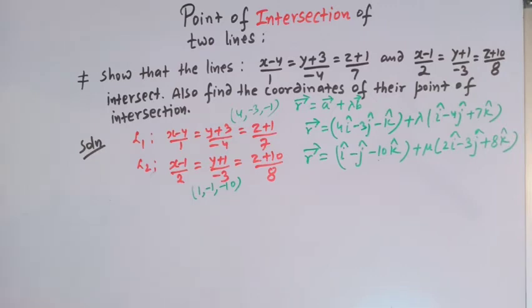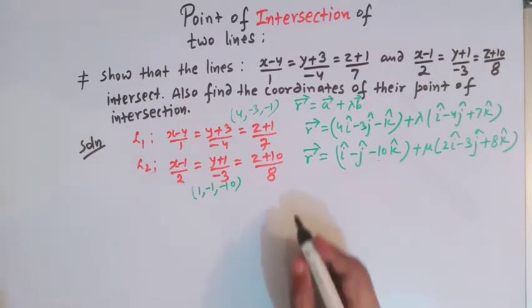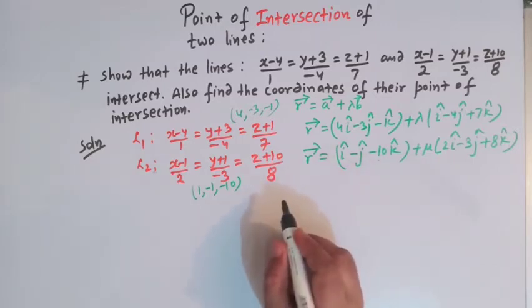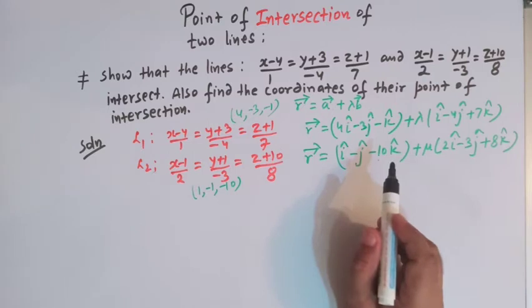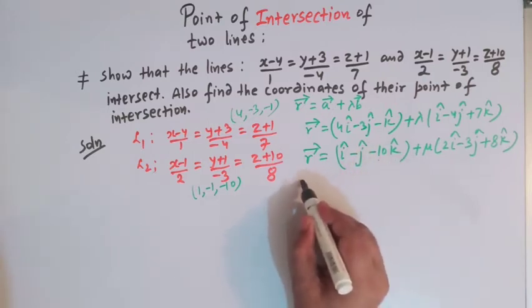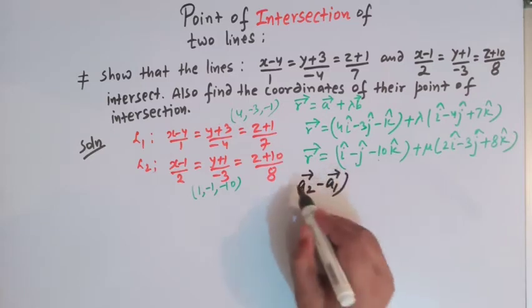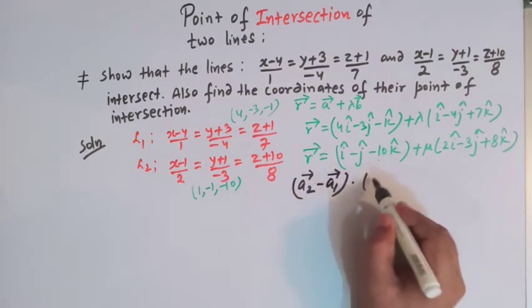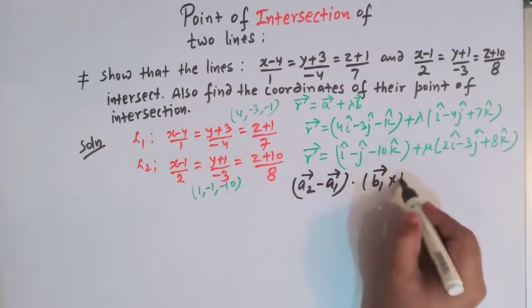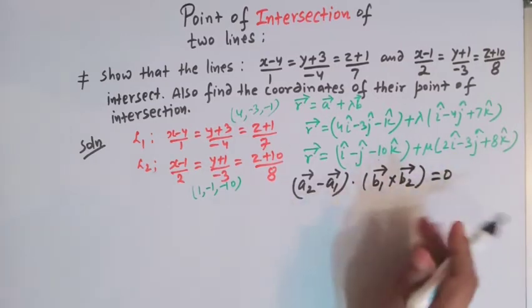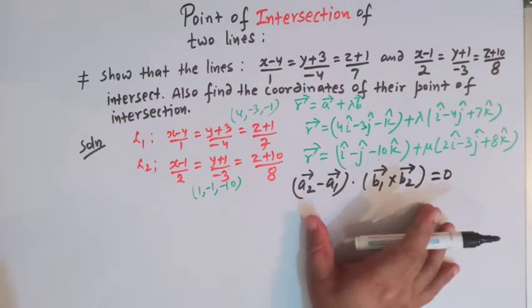Now we know that if two lines intersect, then the shortest distance between them is 0, and here we have the condition (A2 minus A1) dot (B1 cross B2) should be 0. It means this is the condition for two lines to intersect, right?